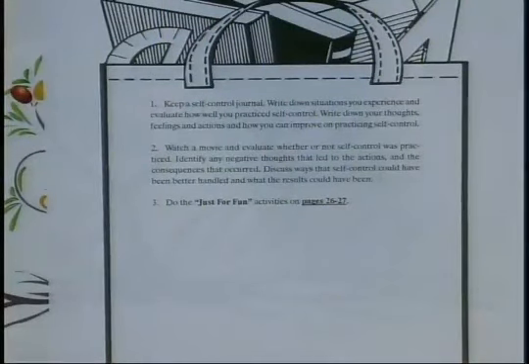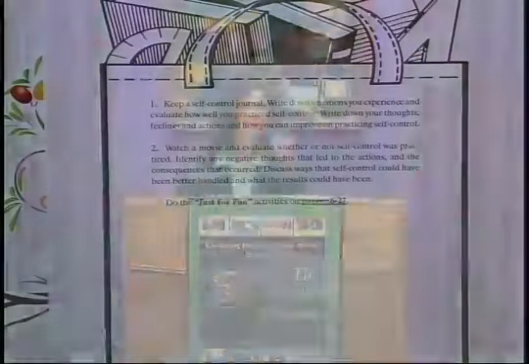It says, enrichment activities. Keep a self-controlled journal. Write down the situations you experience and evaluate how well you practiced your self-control. Write down your thoughts, your feelings, and your actions, and how you can improve on practicing self-control. So you're journaling. It's kind of like a journal chart on how you're doing with your self-control.